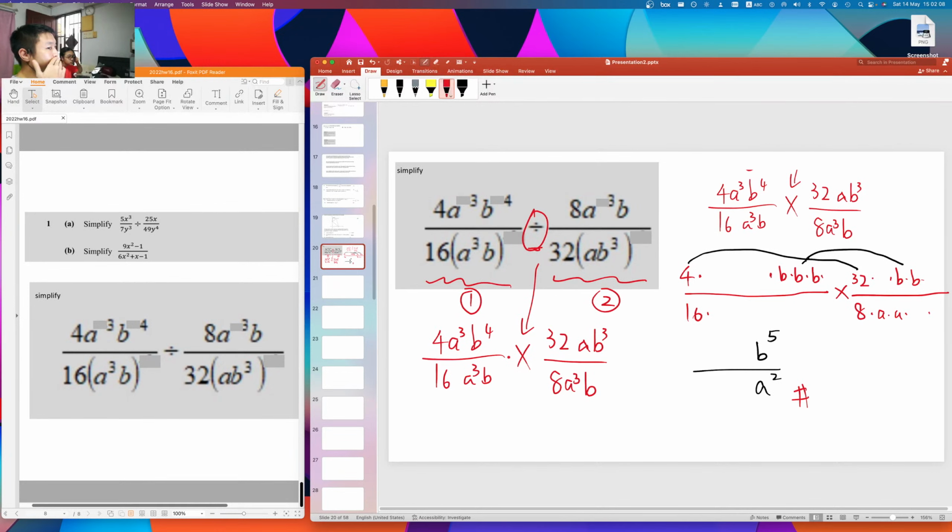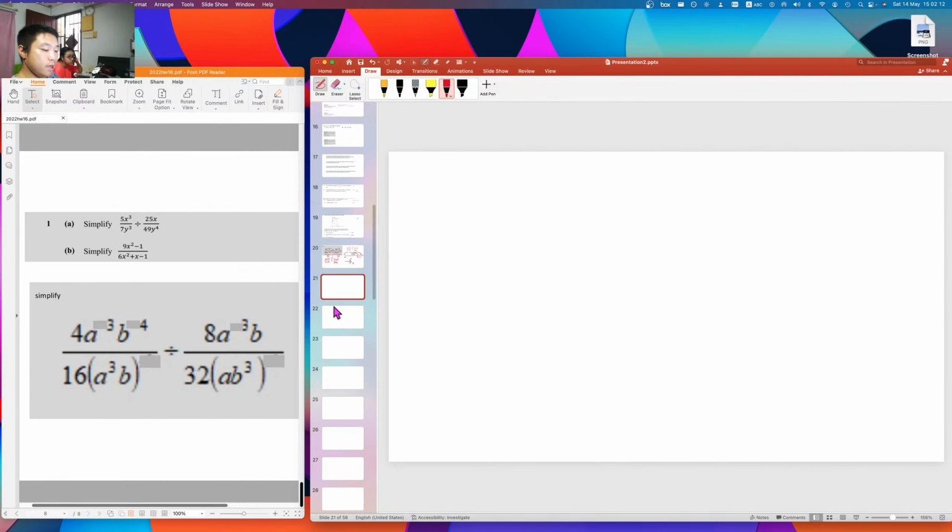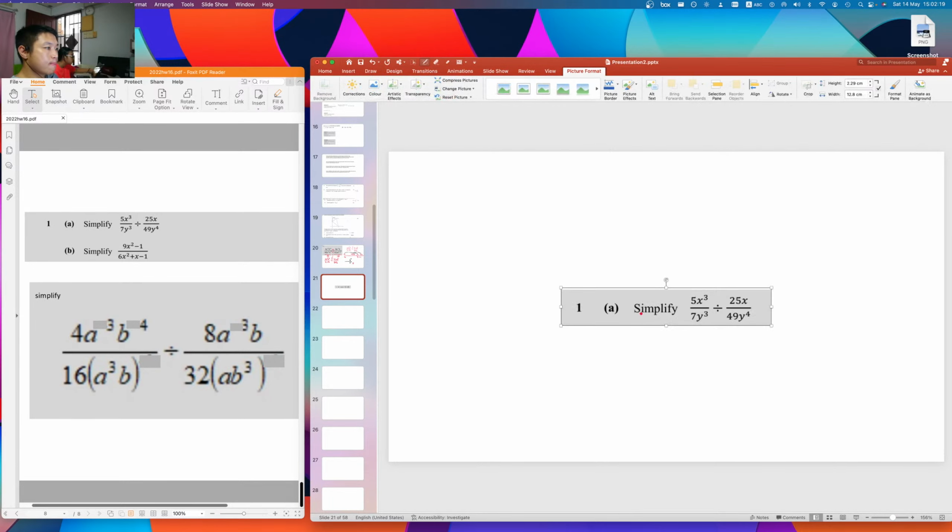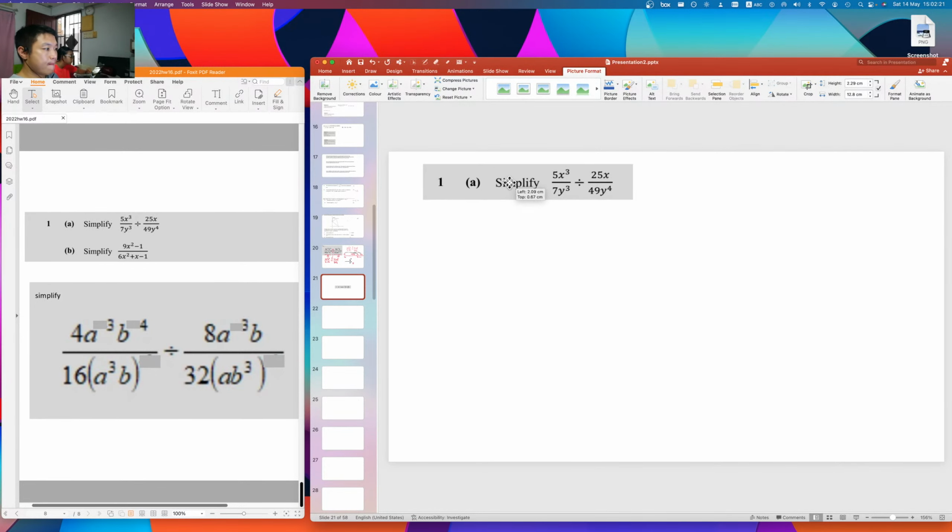Are you clear? So with this, can you do question A? Because I see A is very similar. Can you just do it? Use a blank page. Okay, I will go through it here.